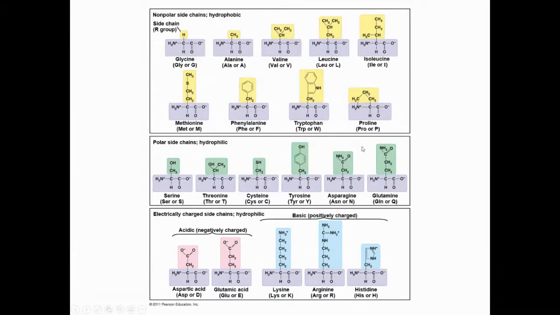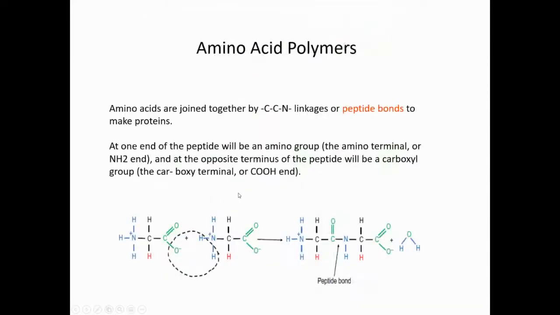They are polar side chains, uncharged amino acids. This carboxyl group can donate its proton, lose the hydrogen ion, so it is negatively charged, acidic. And these are proton acceptors, so they're basic and positively charged. So these are the 20 commonly seen amino acids in proteins.